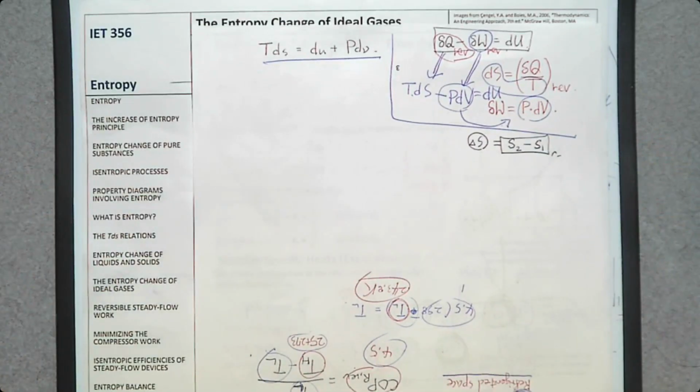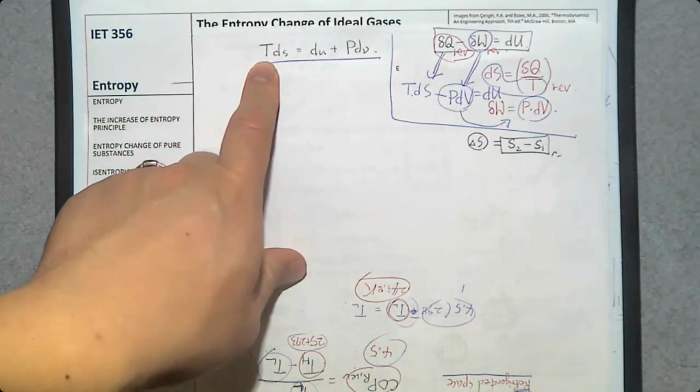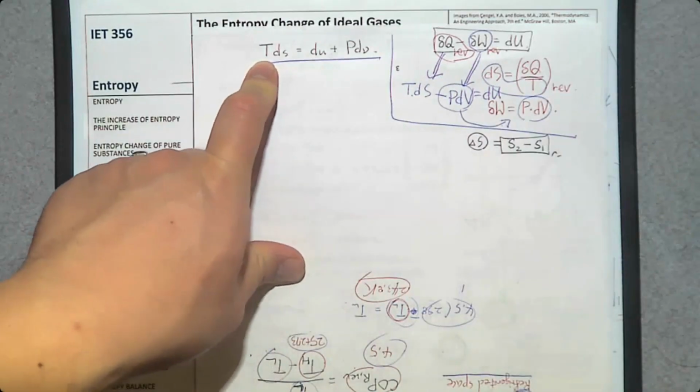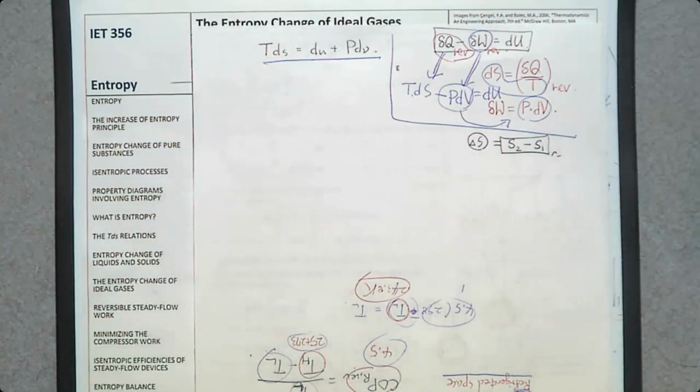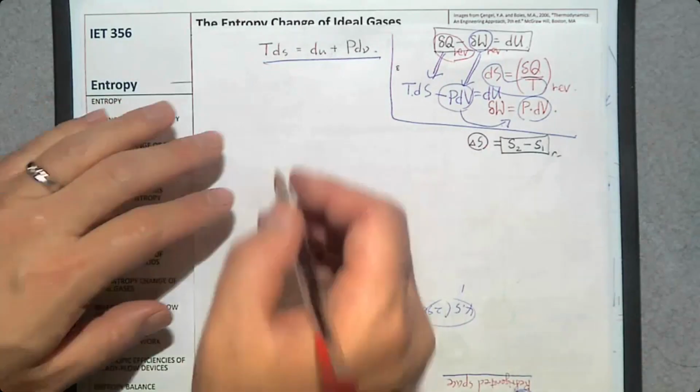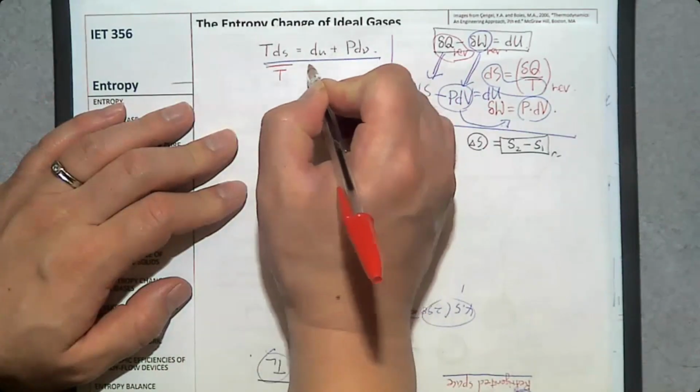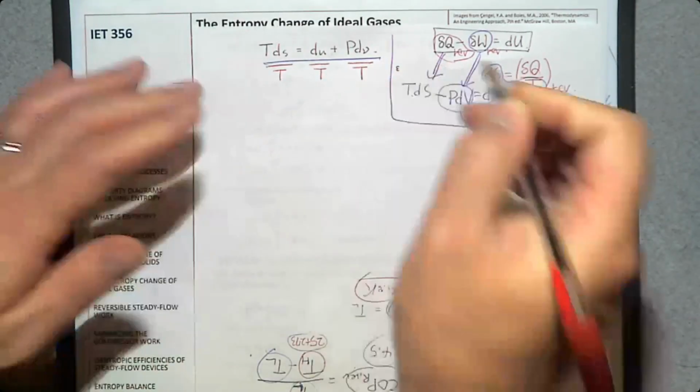How can we do that? You can integrate dS. We have a temperature in front, so we want to get rid of this temperature. You can divide each term by temperature T.